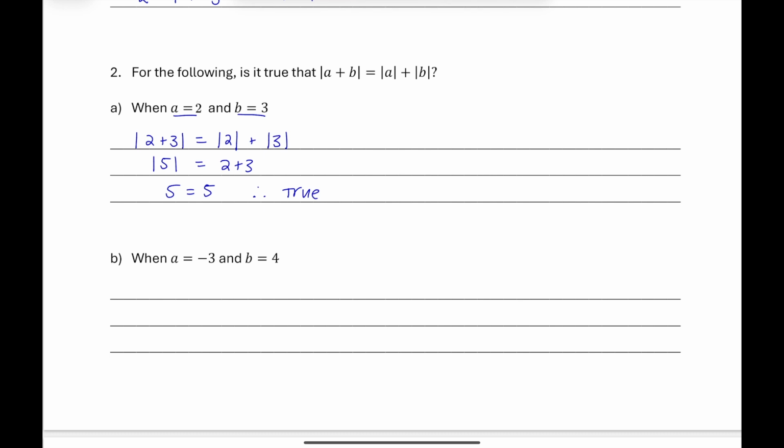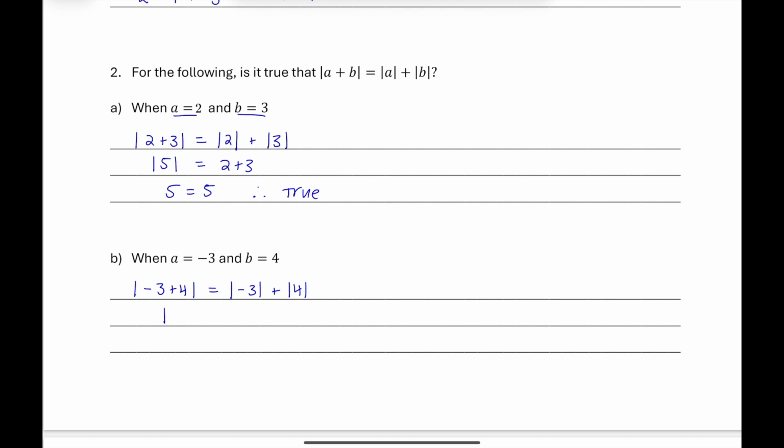We're now going to look at B, and here notice that B has a negative number in it. So here, we're going to take the absolute value of -3 plus 4, and we're going to see if it equals the absolute value of 3 plus the absolute value of 4.